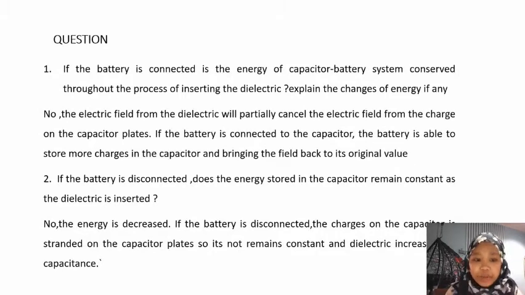The second question is, if the battery is disconnected, does the energy stored in the capacitor remain constant as the dielectric is inserted? The answer is no. The energy is decreased. If the battery is disconnected, the charge on the capacitor plate does not remain constant, and the dielectric increases the capacitance.